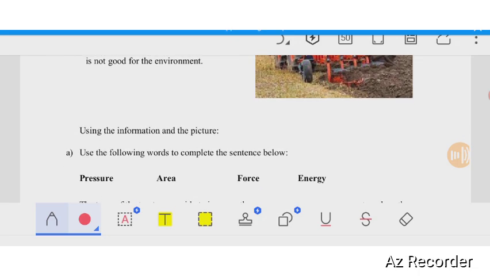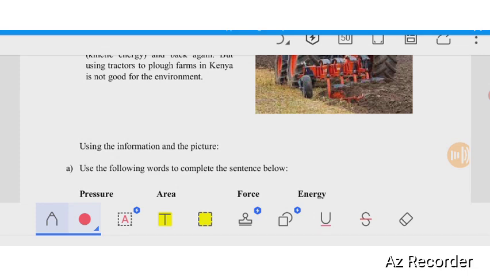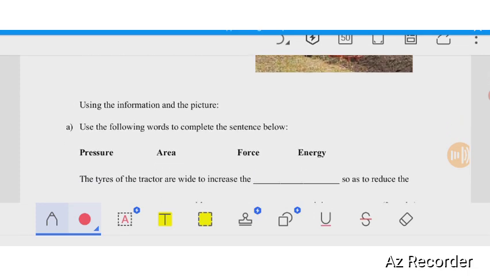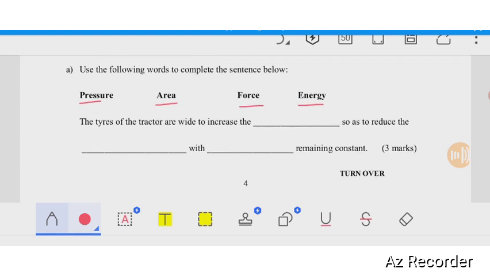Using the information and the picture above, use the following words to complete the statement. The words are: pressure, area, force, and energy. Only 4 words, but we need to fill in the blank spaces. So let's go.